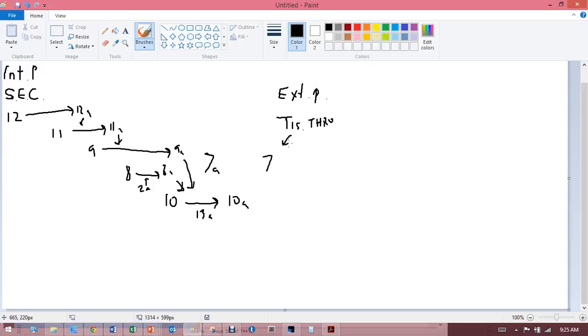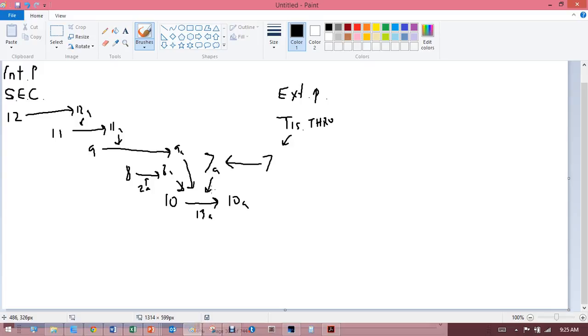Here it's tissue thromboplastin. So that's going to make this go from 7 to 7A, and 7A is going to also have the effect here of changing 10 to 10 activated.